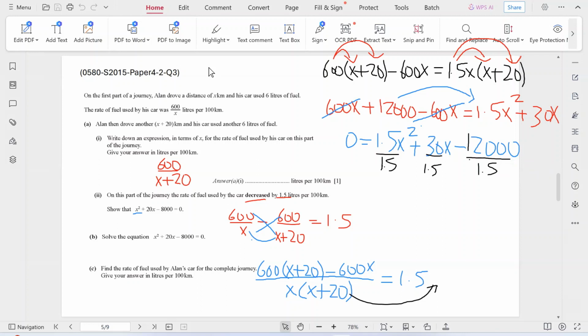So the resulting equation becomes 0 equals x squared plus, so 30 divided by 1.5 gives us 20, so we write 20x minus, and 12,000 divided by 1.5 gives us 8,000. So we obtained the correct equation here, and we're done with part (ii).